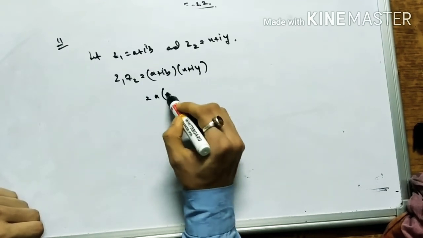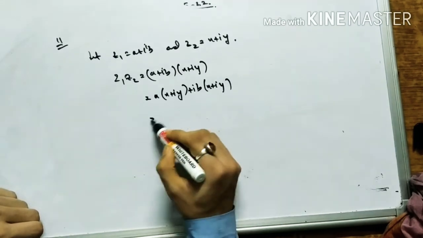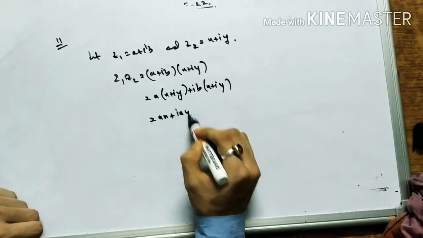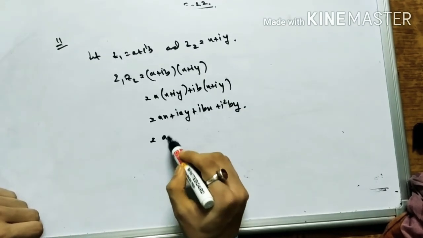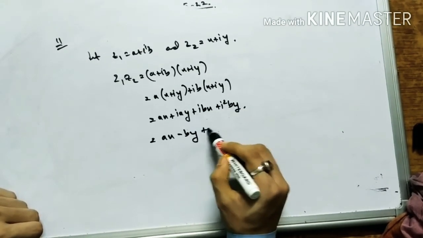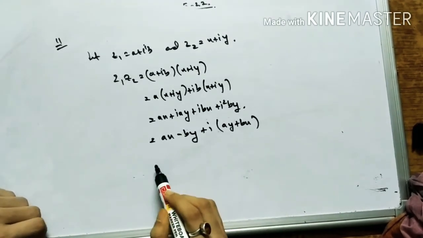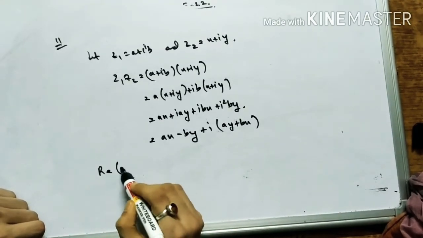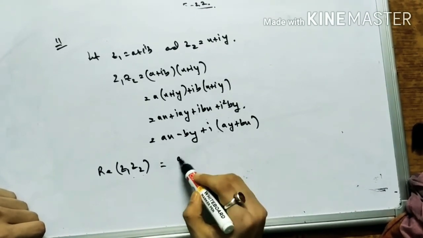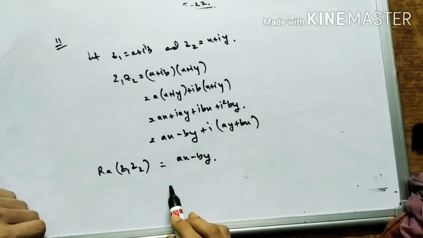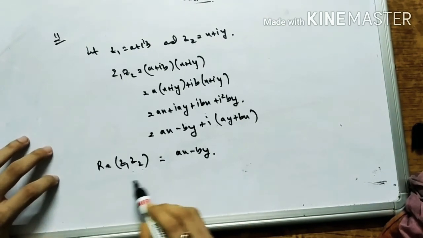This is a times x plus iy plus ib times x plus iy, which is ax plus iay plus ibx plus i square by. This is ax minus by plus i times ay plus bx. So Re(z1 z2) will be ax minus by.